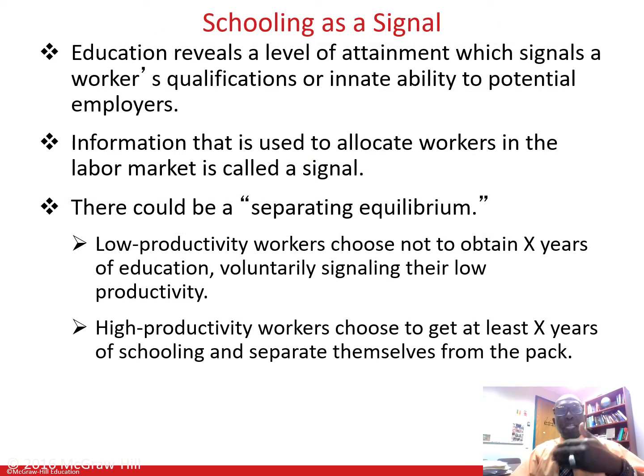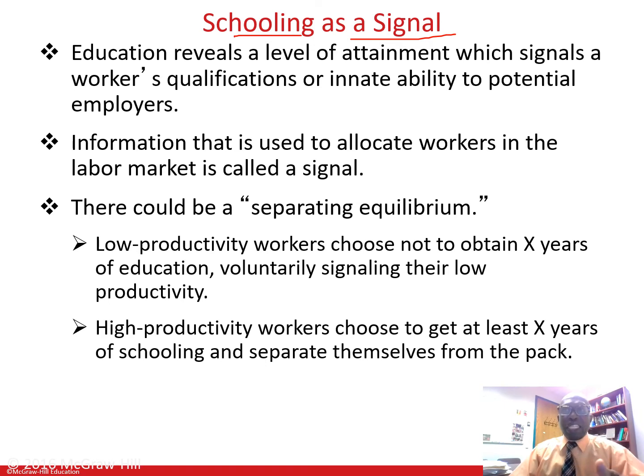Also, schooling can be considered as a signal. The schooling model is based on the idea that education increases a worker's productivity, and this increase in productivity will raise wages.